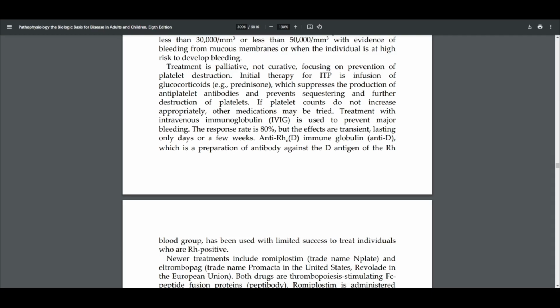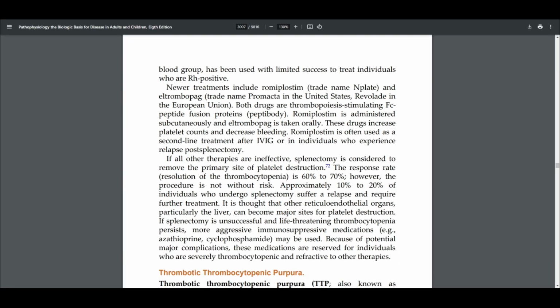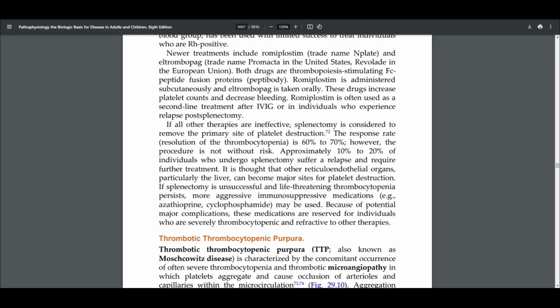Anti-Rh immune globulin, which is a preparation of antibody against the D antigen of the Rh blood group, has been used with limited success to treat individuals who are Rh positive. Newer treatments include romiplostim and eltrombopag.